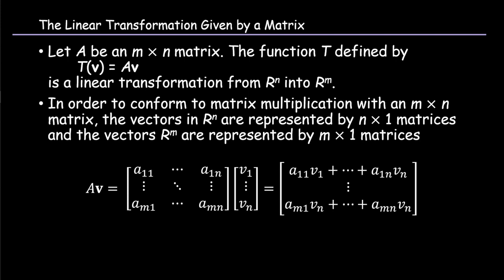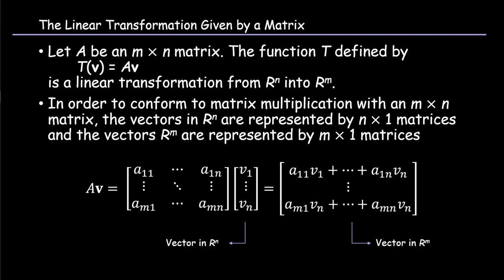We have our matrix A, which is m by n, and we have the elements, and it's multiplied by a vector v, which will be represented as a column vector. And then our answer is going to be the linear transformation of this A times v. So the vectors in Rn are basically the column vector, and the vectors in Rm are in the product, or I guess the answer.